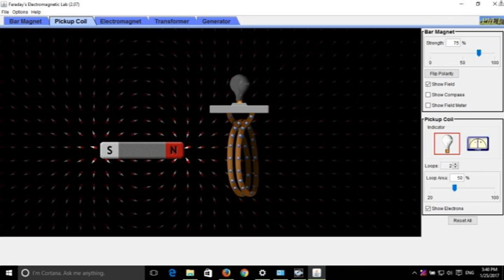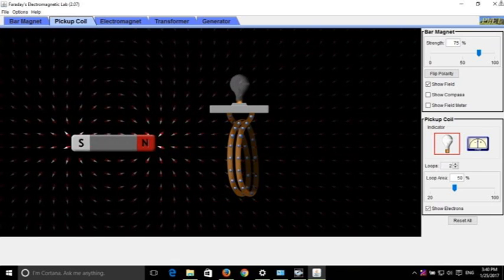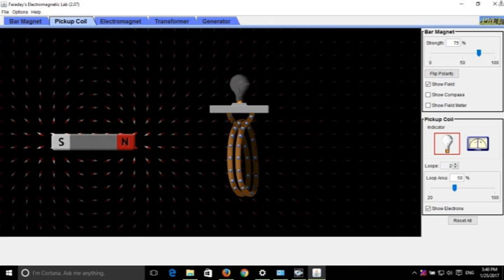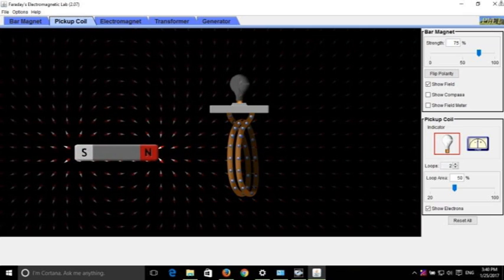So magnetic flux is always the maximum at the poles, and when this magnet is coming towards the coil, there is less flux here, and when the magnet comes closer, the flux has increased. So eventually you can say there is an increase in the flux, or in general you can say there is a change in the flux.